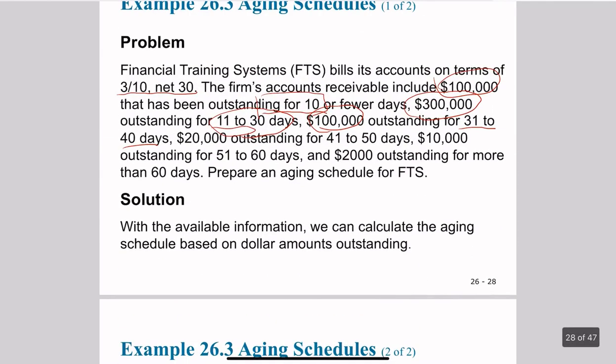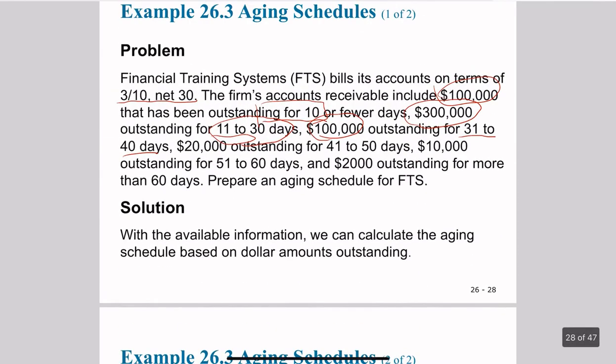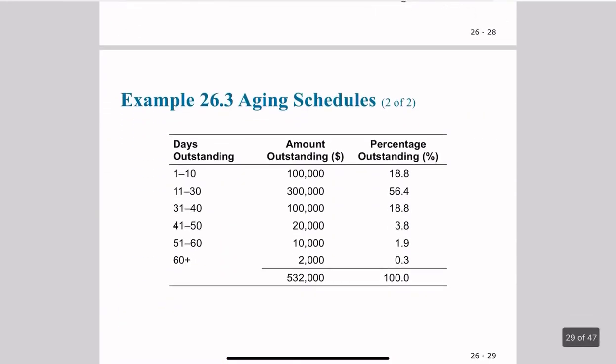So if you look at the firm's credit policy, it uses the credit term of 3/10 net 30. If you look at the days outstanding, you can see that the percent outstanding which is within the 30-day limit is about, I think, 75%.